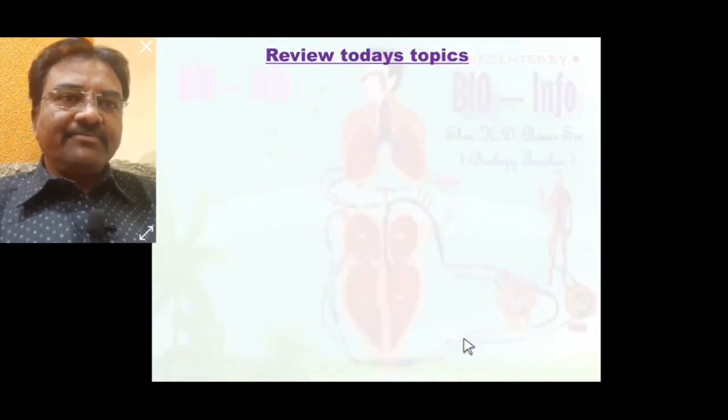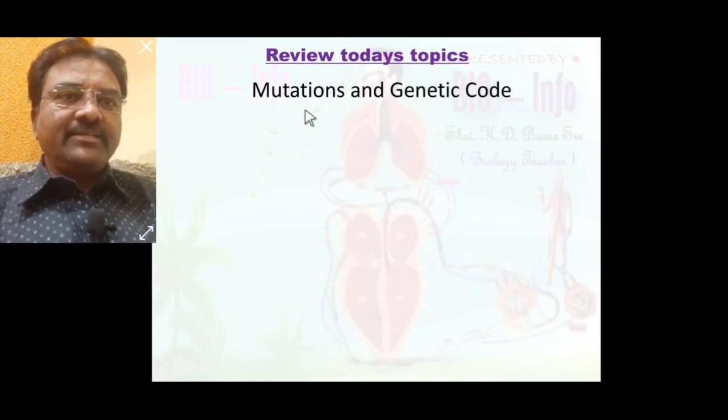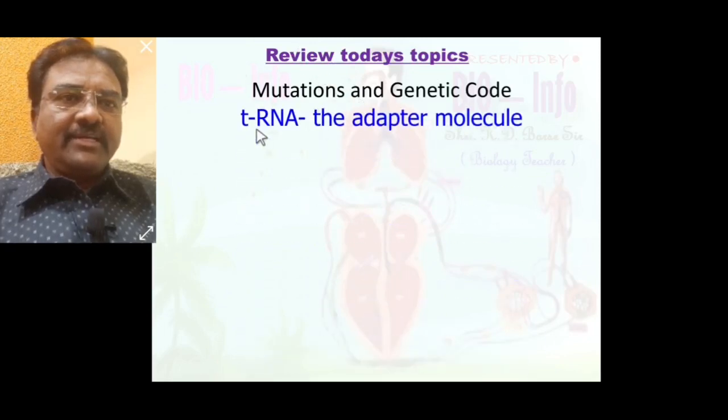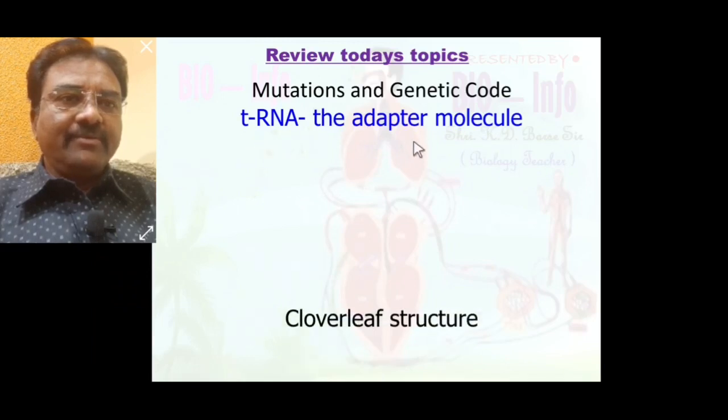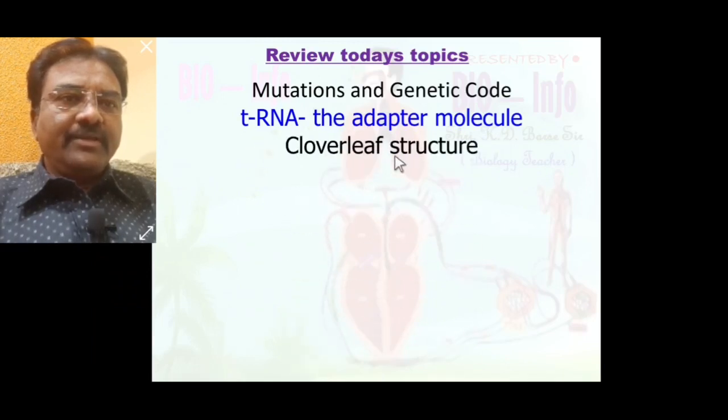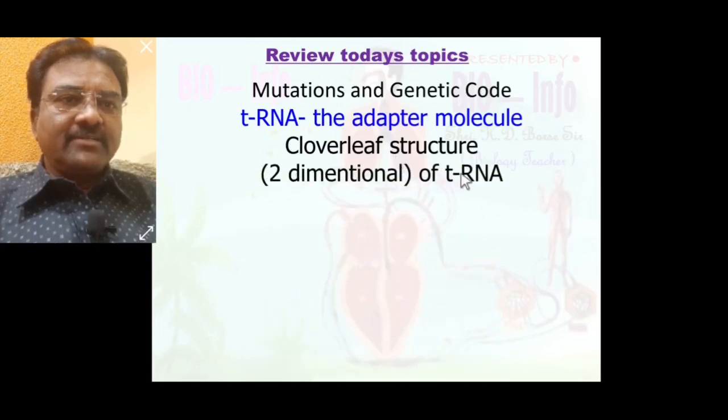Review of today's topics. We learned the mutation concept, mutation and genetic code, tRNA as the adapter molecule, the clover leaf structure of tRNA, and the two-dimensional structure of tRNA.